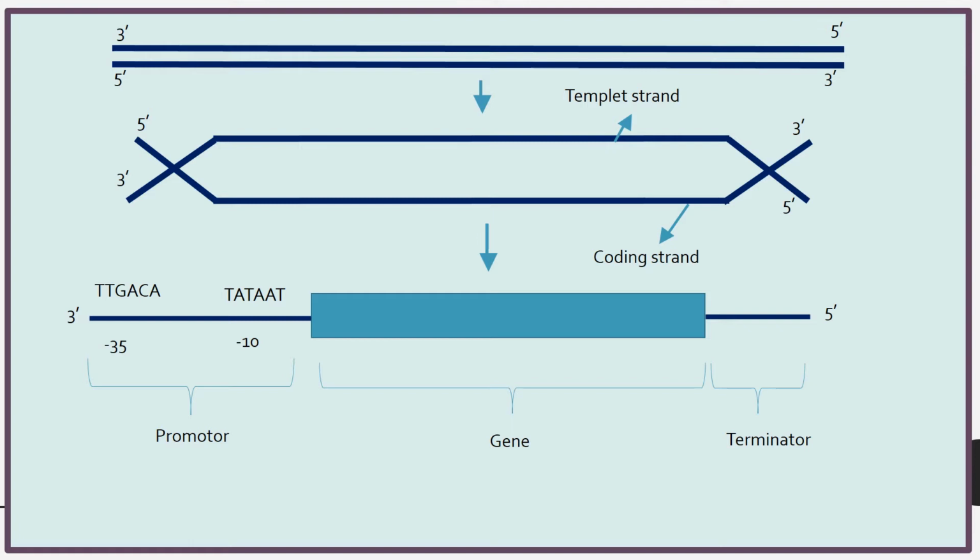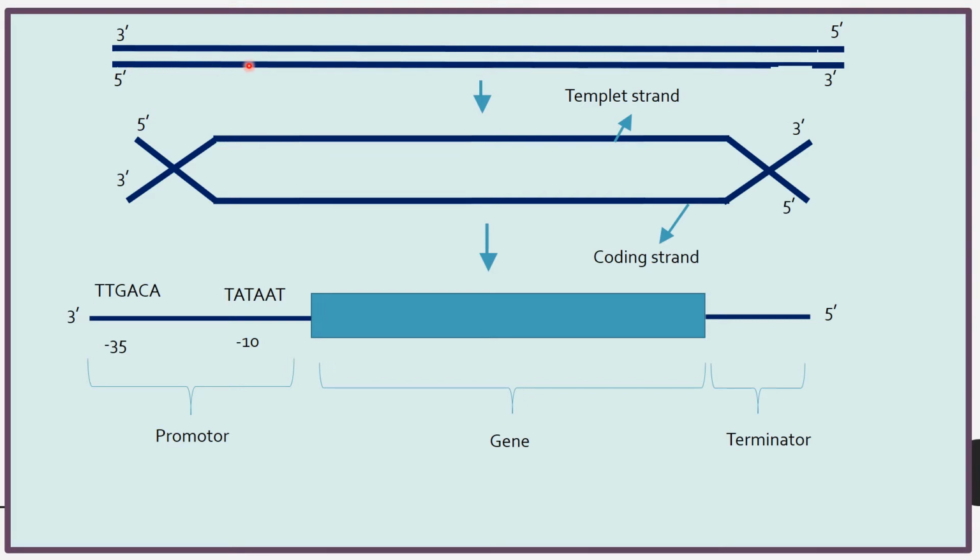Here in this slide, a double-stranded DNA molecule is shown. Now this is the region of the DNA which is basically a gene, and this gene is going to be transcribed during the process of transcription. Here in this DNA molecule, one strand is running from 3' to 5' direction, while the other strand is anti-parallel.